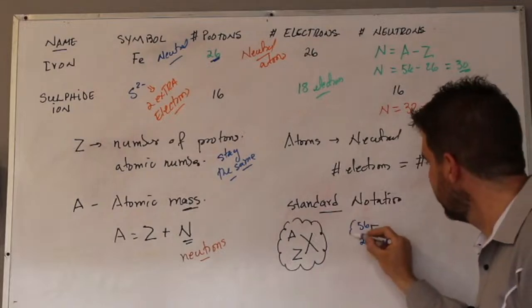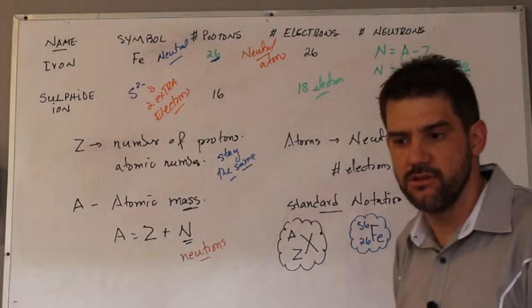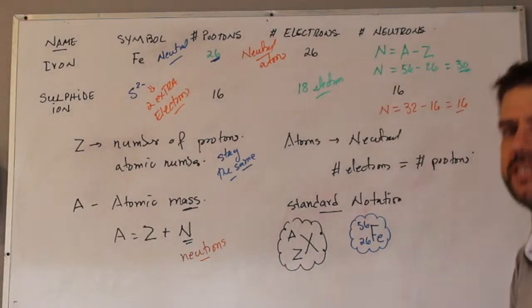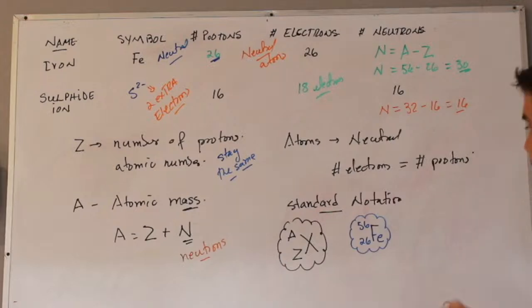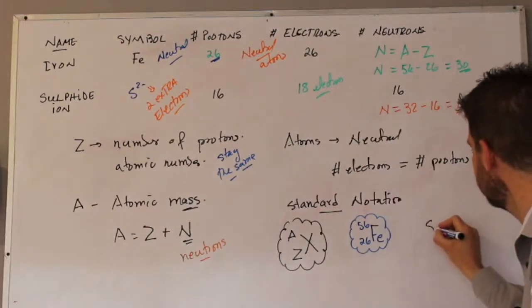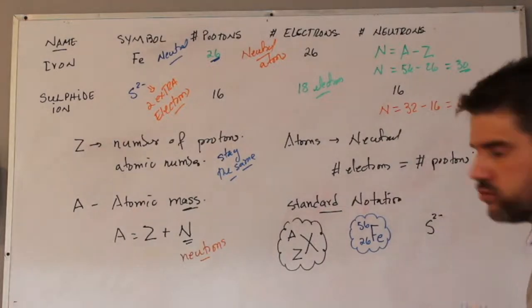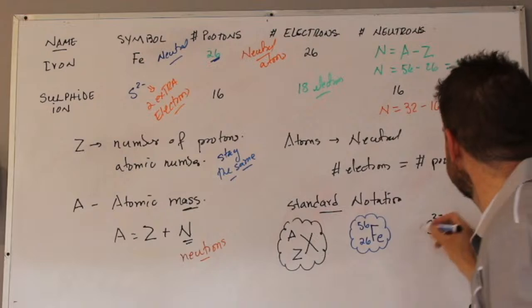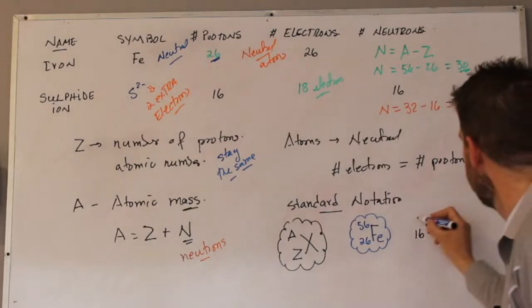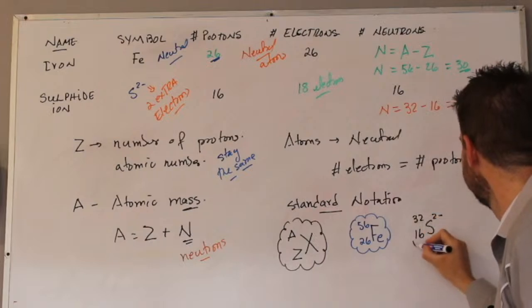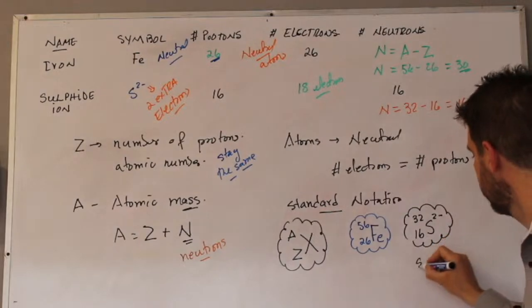This is what we call standard notation for iron. This has nothing to do with the block you see in the periodic table. Now, if you do it for sulfide ion, the symbol is S 2 minus. How many protons does sulfide have? It has 16, at the bottom. What is the mass of sulfide? 32 on top. This is not sulfur, it is sulfide ion.